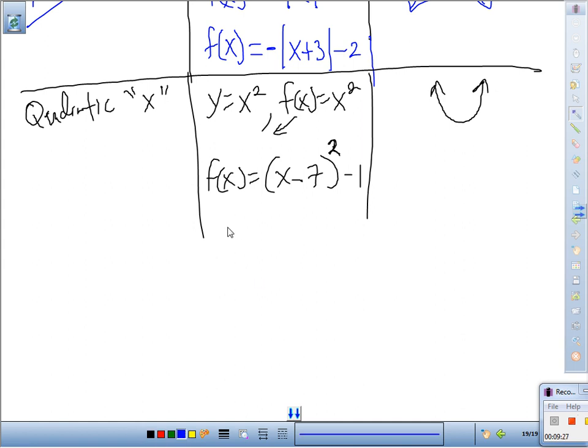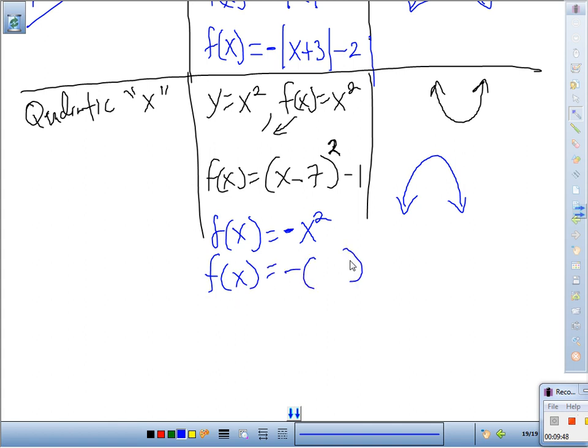All right. What if it was like this? What happens? Invert. There it is. And of course, if you want to do transformations, what do you want it to do?